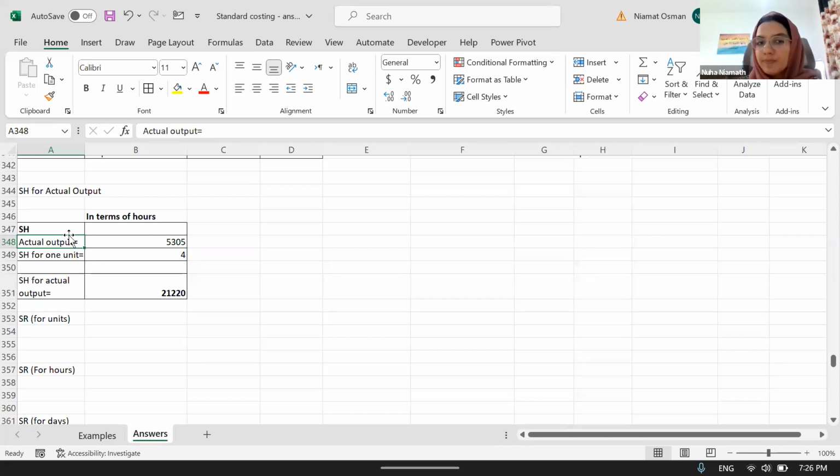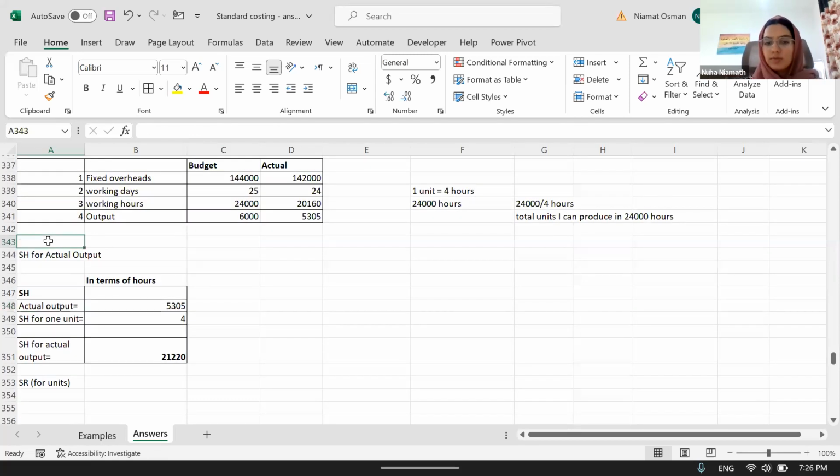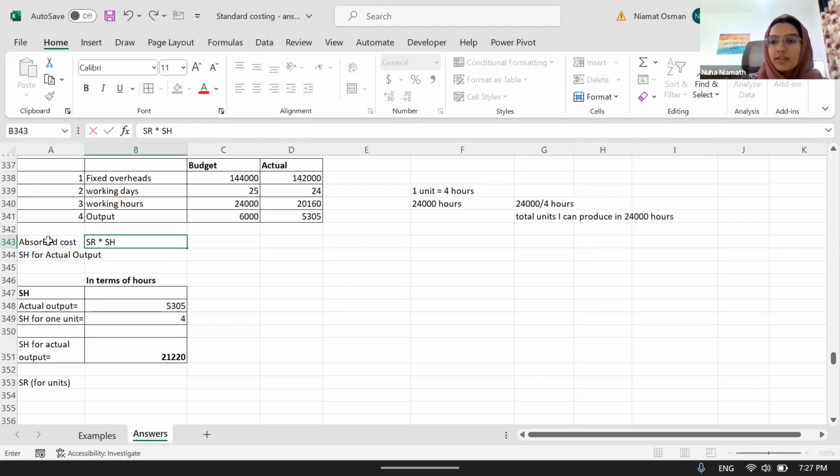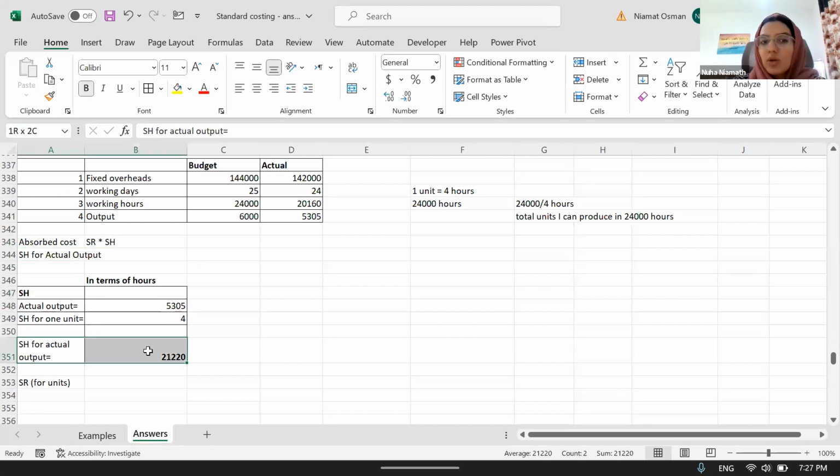Can somebody tell me? What is absorbed cost? SR into SH, correct? SH we have calculated. Now, for actual output, we need to calculate SR.